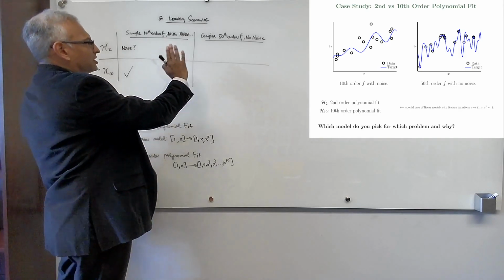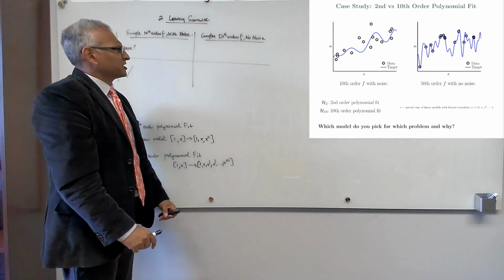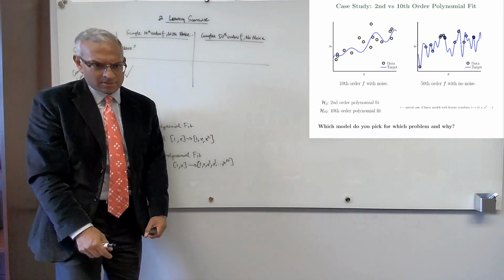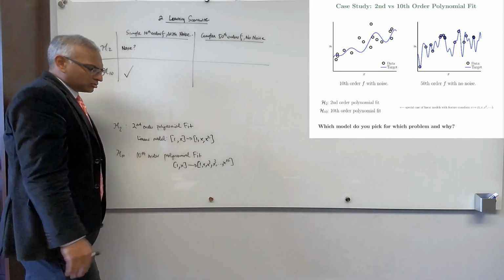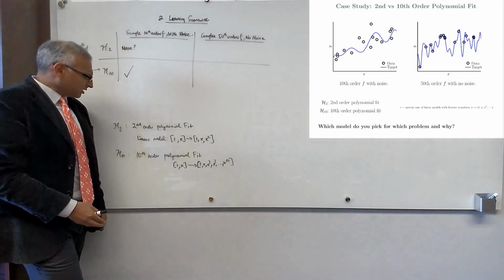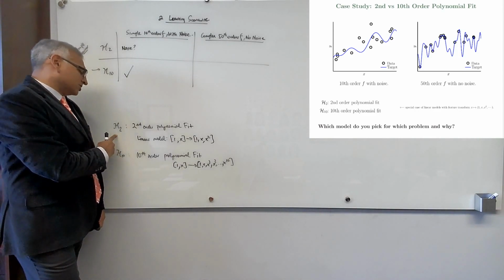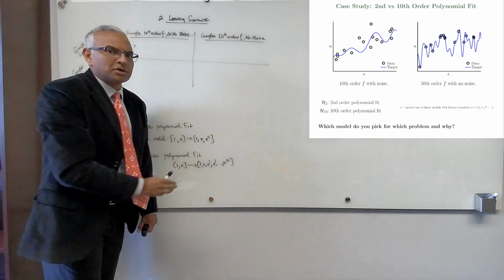It's interesting to also think about the second learning scenario on the right, where you have a complex target function, but there's no noise. Now, here we see that both of our polynomial fits are deficient. There's no way to fit a 50th order target function with either a 10th order or a second order. But now we see that there's no noise in the data.